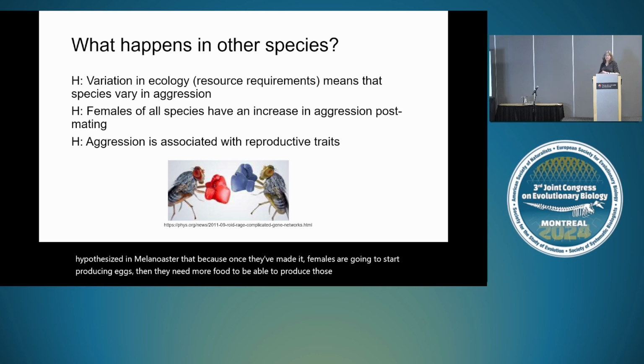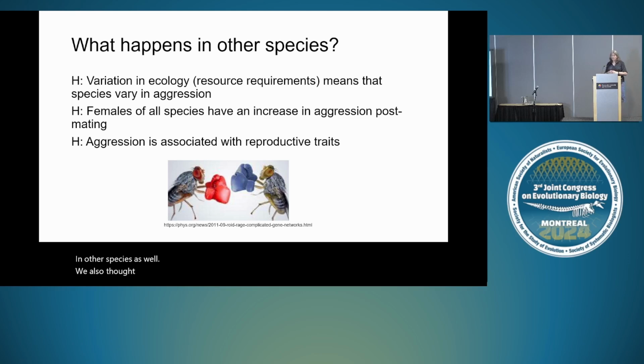So we were expecting to see that in other species as well. We also thought that aggression might be associated with reproductive traits, and that reproductive demands would similarly affect how females fight.